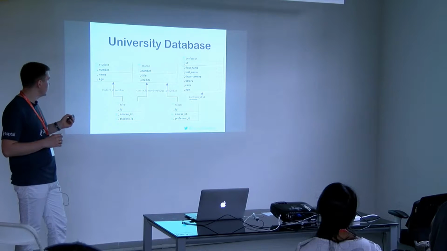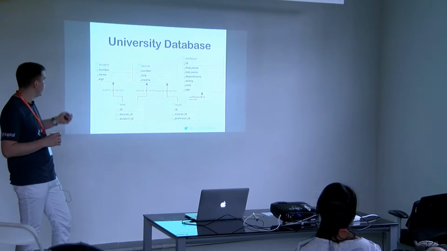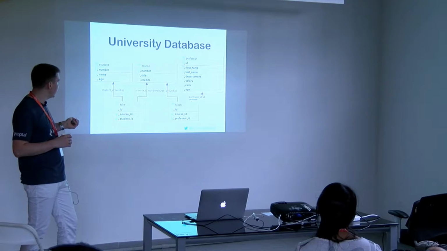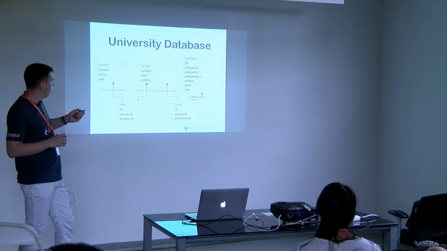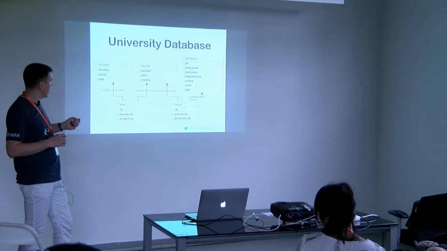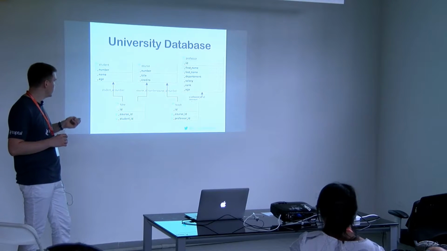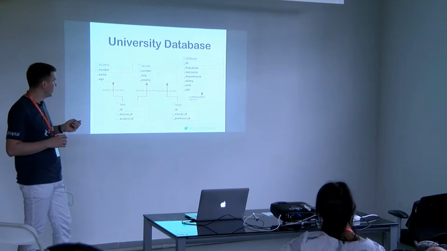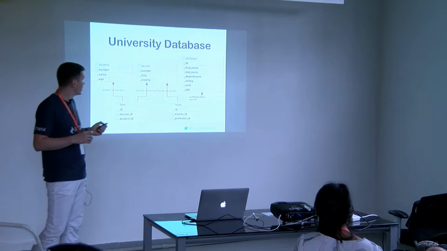We have students, courses, and a professor table, and we have two tables which explain that a student can take a course or a professor can teach a course. And we have some attributes and elements on these tables.